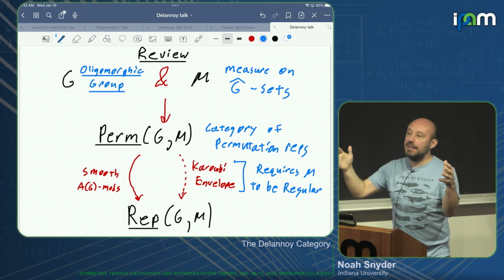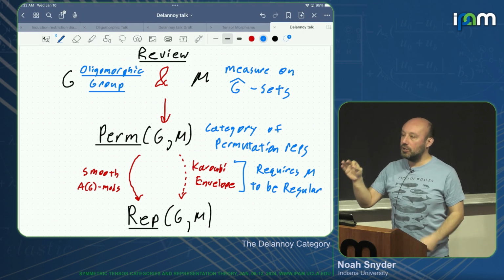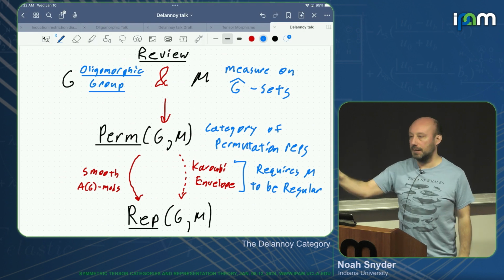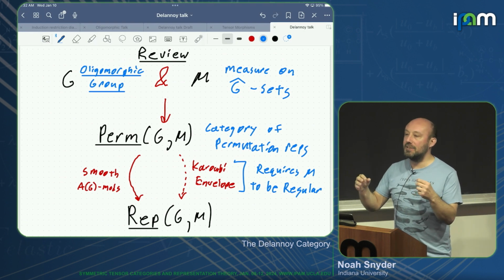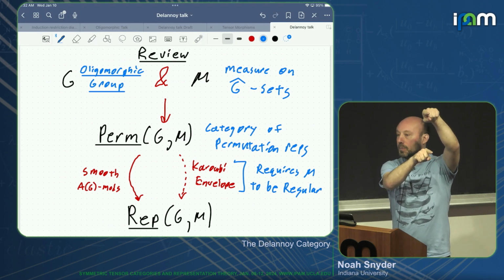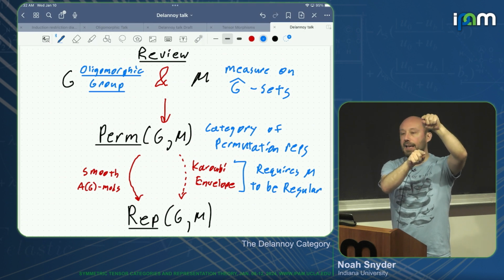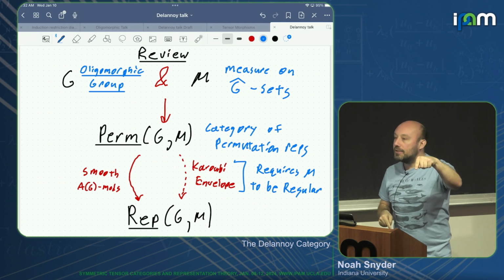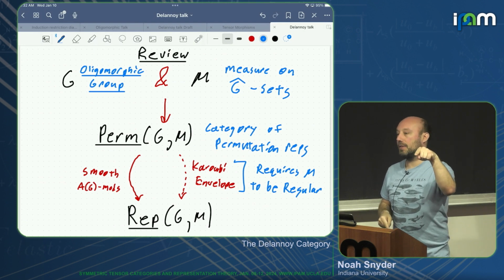Fitting into this whole theory is not just the G sets for the big group, but also the G sets for each of those open subgroups. And the measure is measuring not just the indices of these subgroups, which you can think of as telling you the sizes of transitive G sets. They also will tell you about the sizes of transitive H sets for any of these open subgroups, okay?